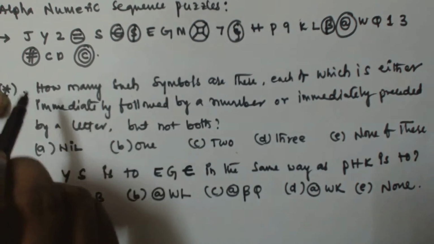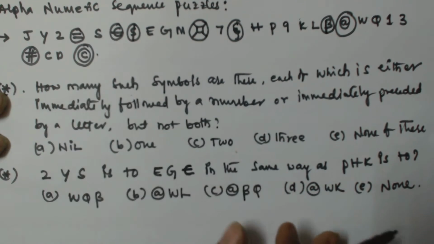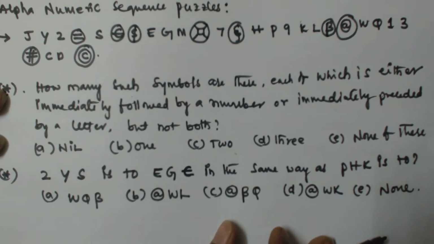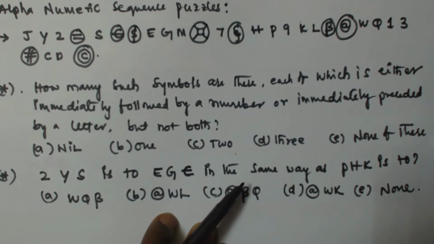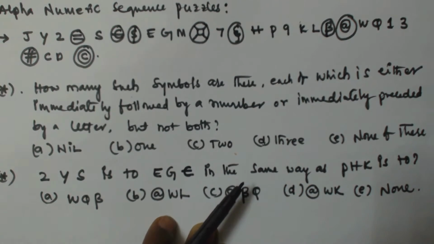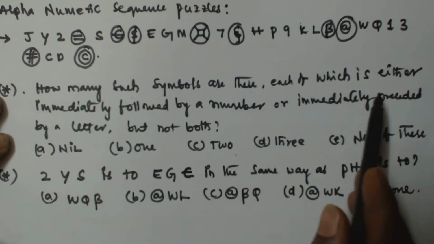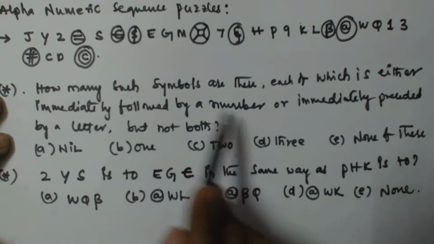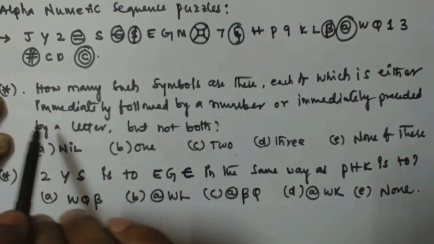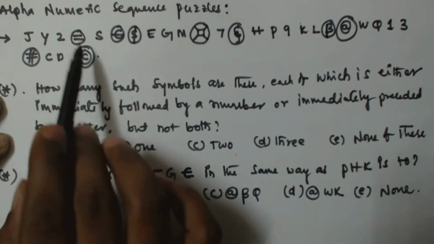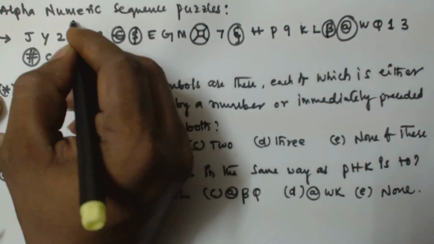It is preceded by a number and followed by a letter. So it is not followed by a number, and it is not preceded by a letter. So that's why we do not consider this one.